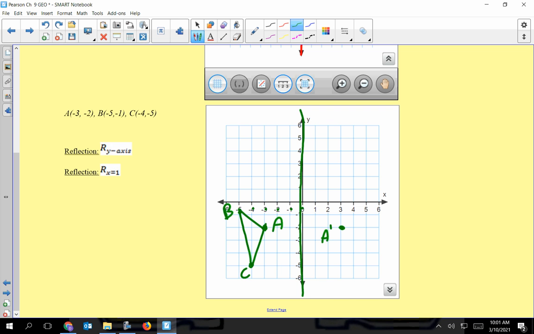So I go 5 to the other side, keeping distance. That's B prime. C is 4 away, so I go 4 to the other side. Go ahead and draw your triangle. Hopefully that's pretty easy, and you can see I flopped it like a spatula with a pancake.